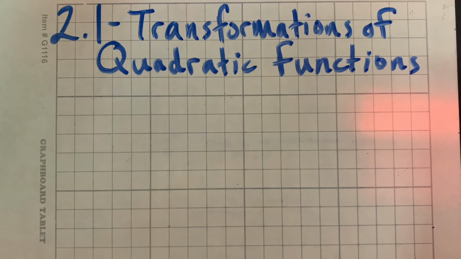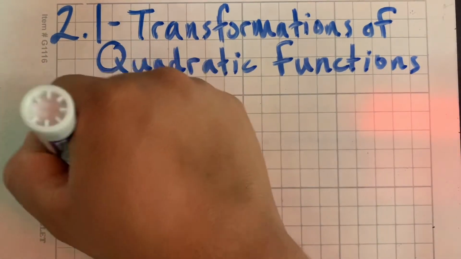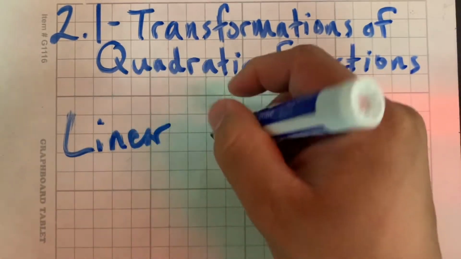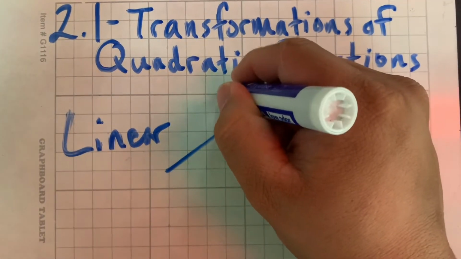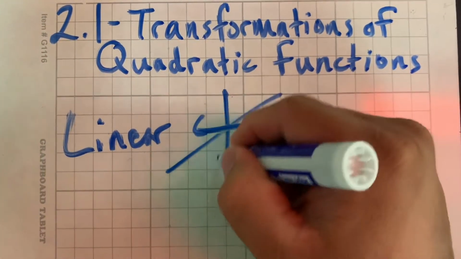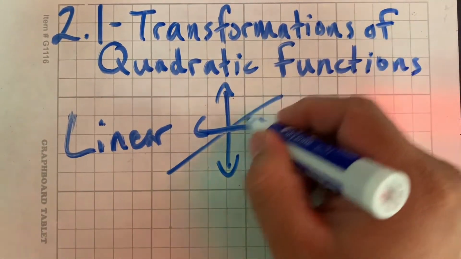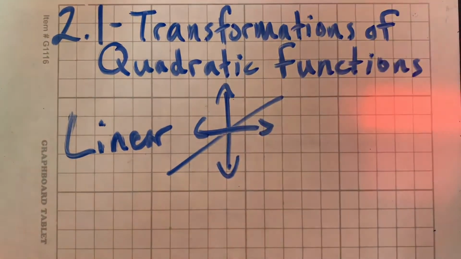We went over just what are transformations, and we went over transformations of mainly absolute value functions, but some of the problems we did also were using linear functions. Remember, a linear function is going to be your line, your straight line, your diagonal line.